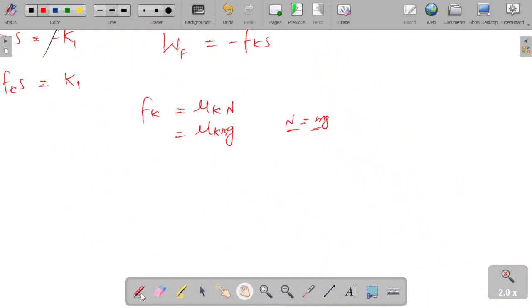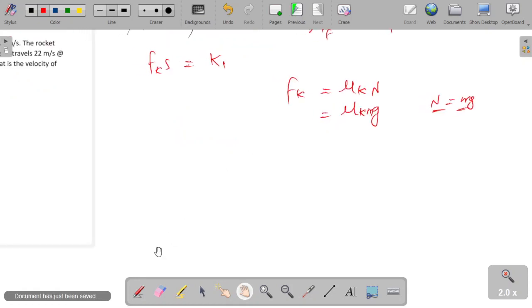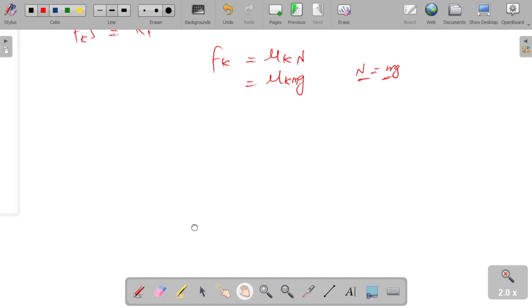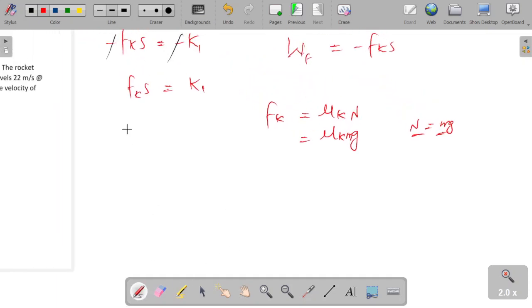So what will be the value? This equation will come to be mu k m g s equal to 1 over 2 m v square.